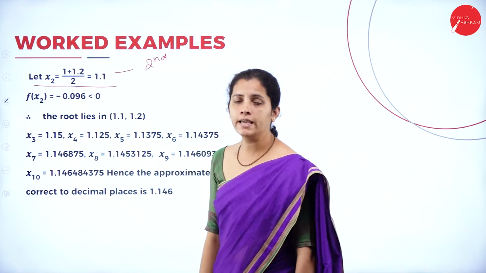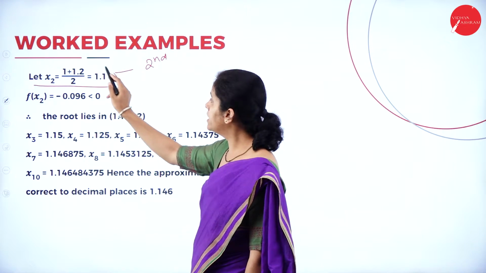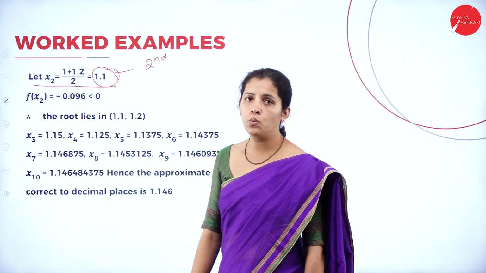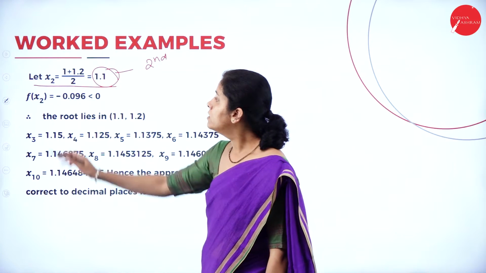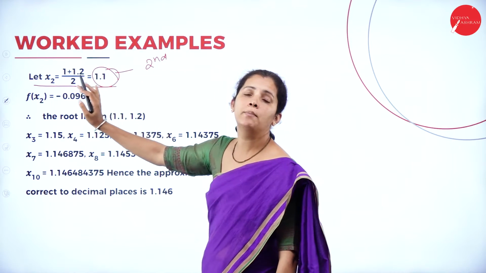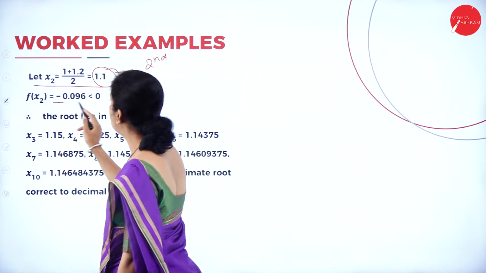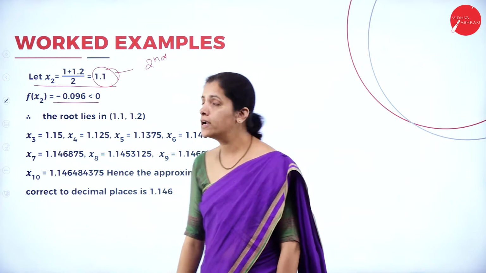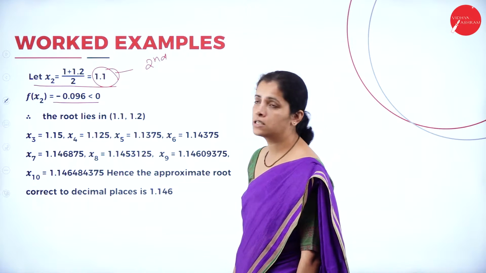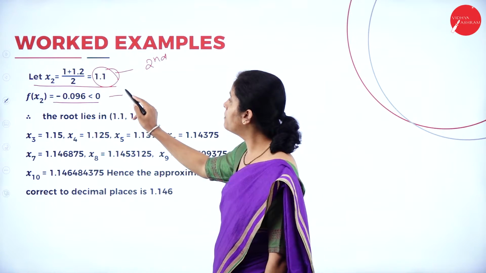Now, once again, I am going to substitute in the bisection formula and I am going to get the answer 1.1. Now, what I'm going to do, I'm going to substitute this one in my f of x, and when I substitute, I'll get minus 0.096, which is once again a negative number.